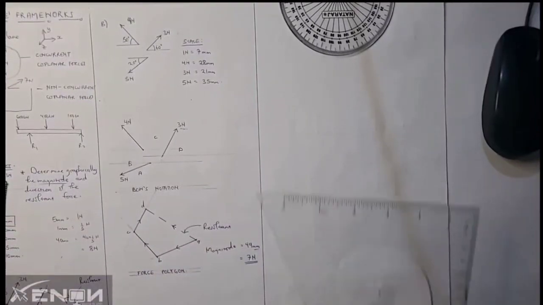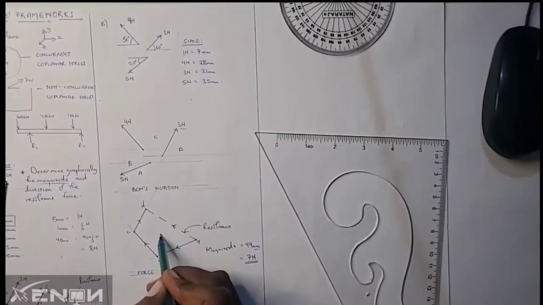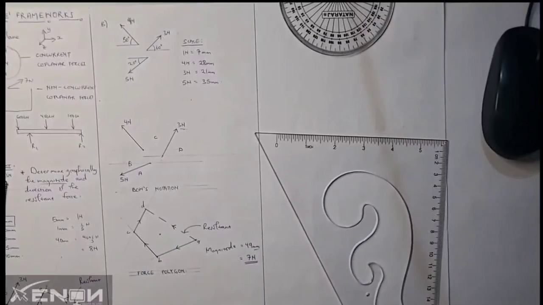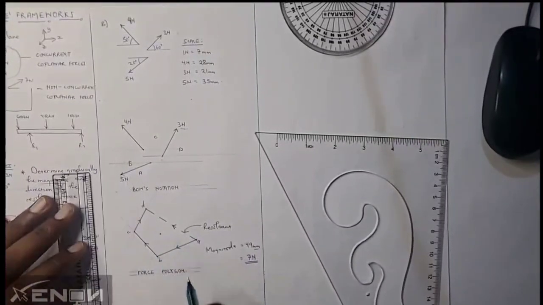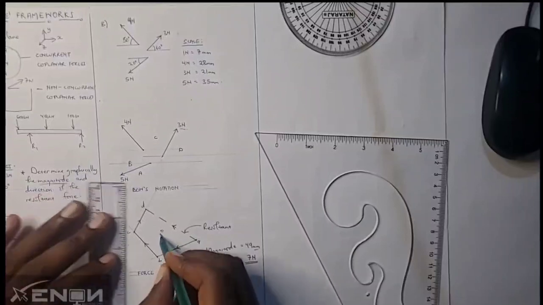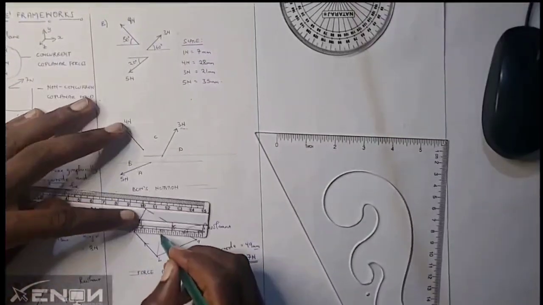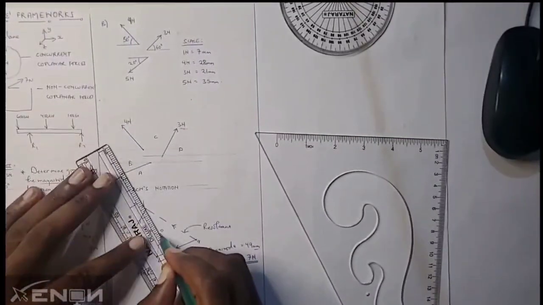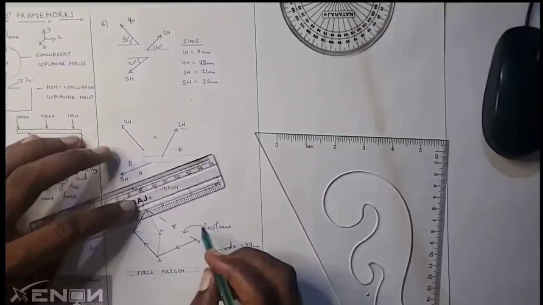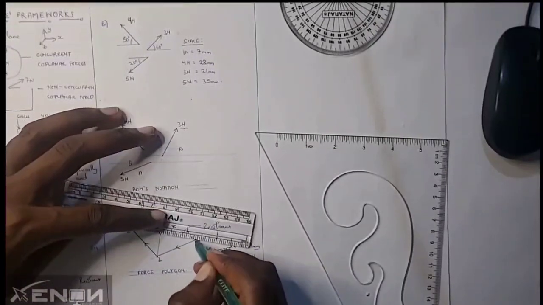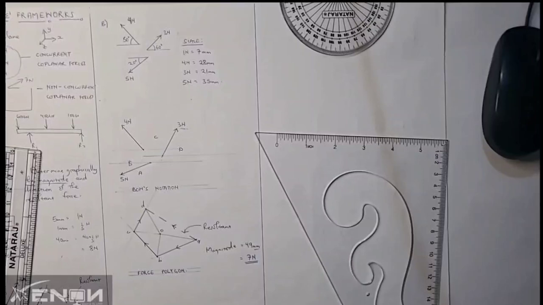So to handle this, simply choose a point inside the force polygon, then join. So I'm going to name this point O. So join all these other points to O, like that. So after joining, we get CO, BO, AO, and DO.